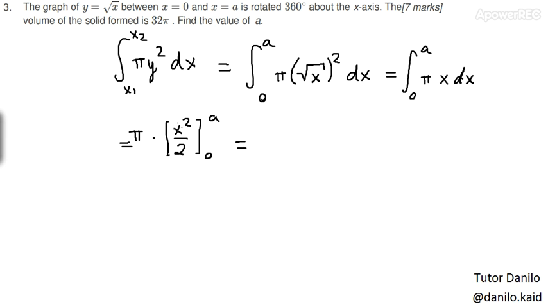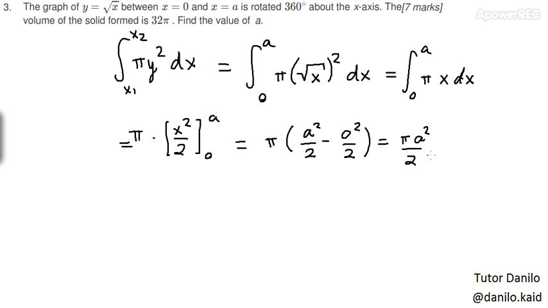You can check: x squared divided by 2, and when you differentiate you get x. Then you evaluate this function from 0 to a, so you get pi times final minus initial, so a squared over 2 minus 0 squared over 2, right? So this is basically pi a squared divided by 2.